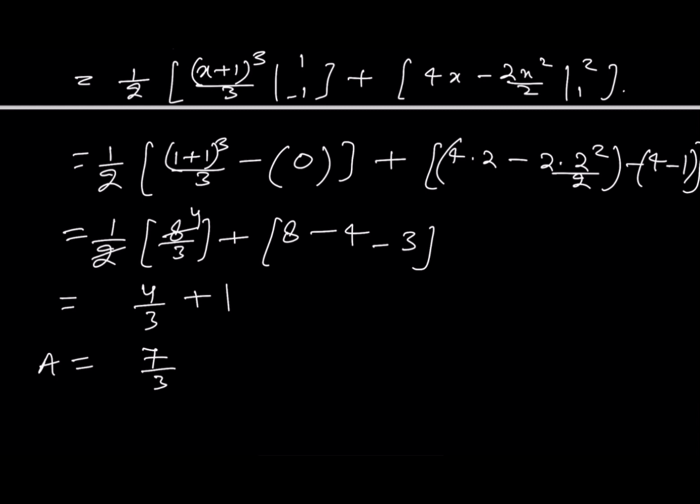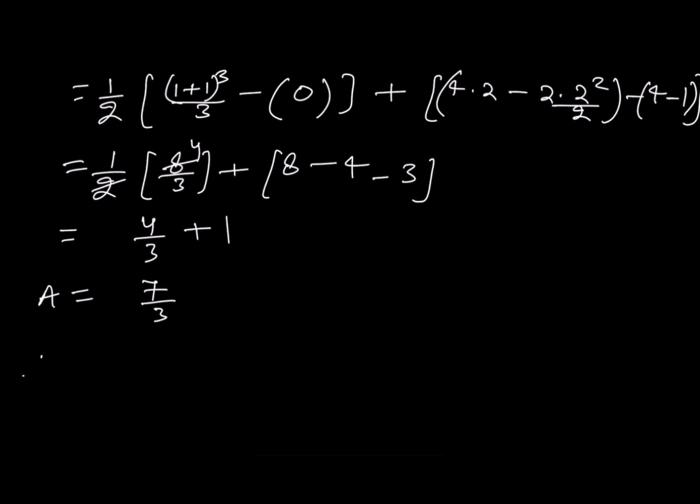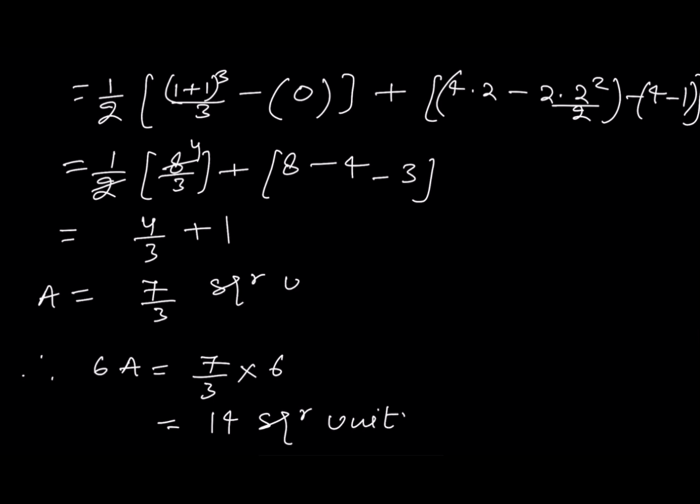So the area is 7 by 3. Therefore 6A is 7 by 3 into 6, which is 14 square units, and our A is 7 by 3 square units. So 14 must be one of the 4 options.